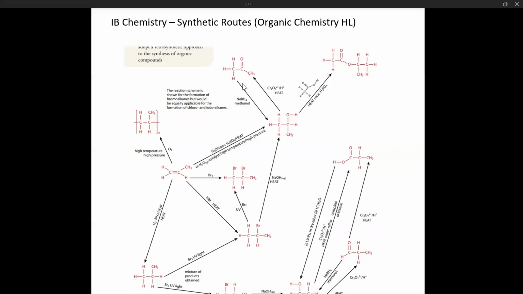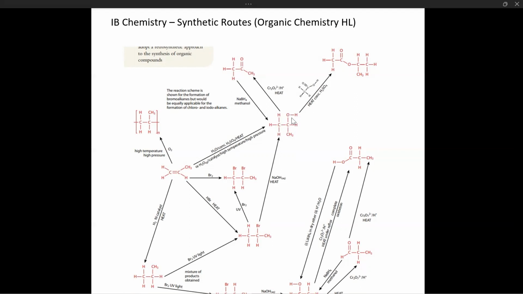So when we reduce this aldehyde, because NaBH4 is a reducing agent, and when we use methanol, we basically get an alcohol. There we go. And then from this alcohol, if you want to convert it back into this aldehyde, well, you have to oxidize it using an oxidizing agent, and then you go back to this.